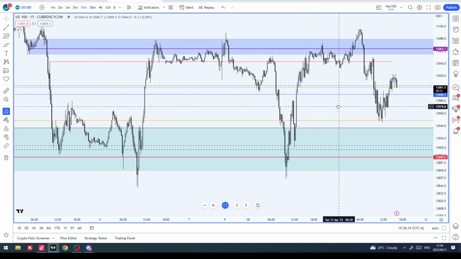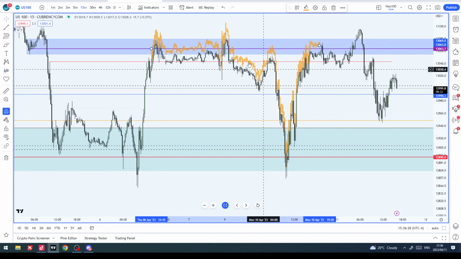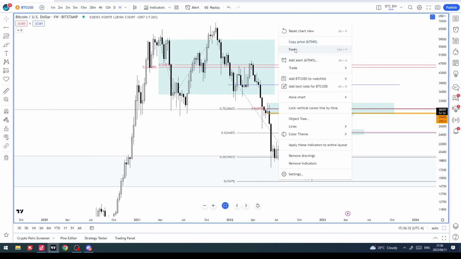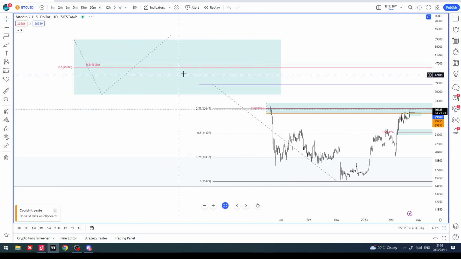If I had to look at just this part here, let's take from here to here. Copy it over. Put it onto Bitcoin. Cut and paste. Let's go down one level.